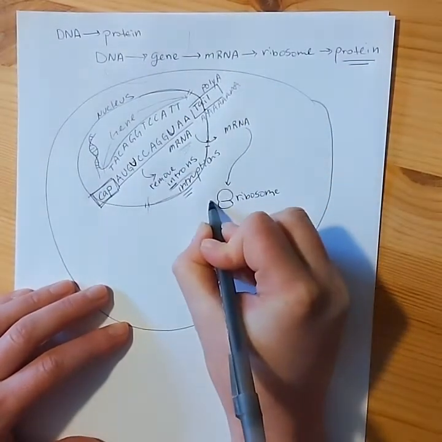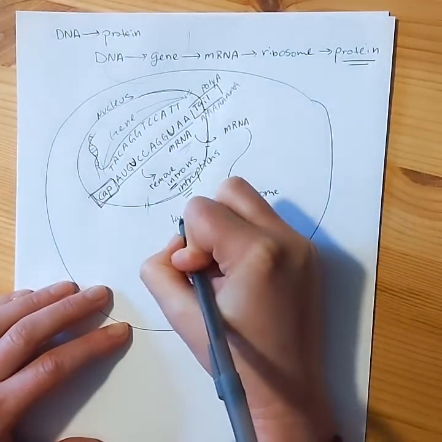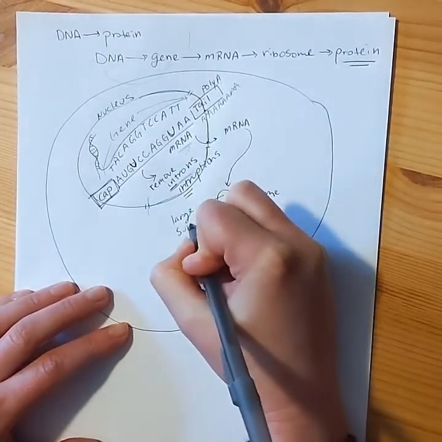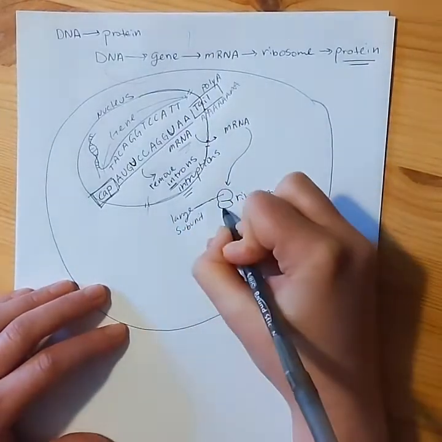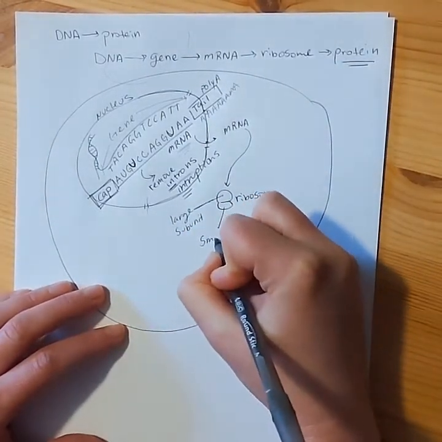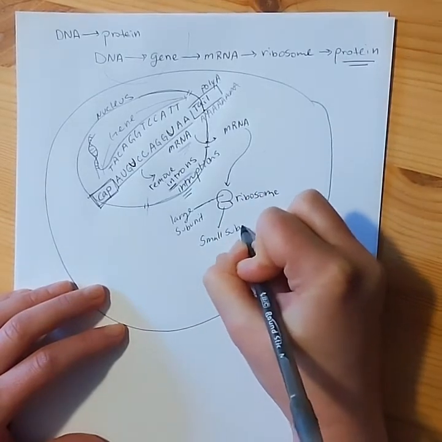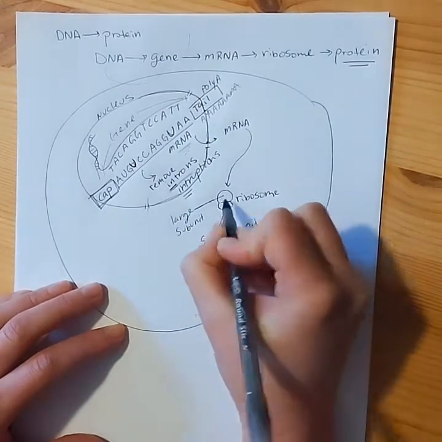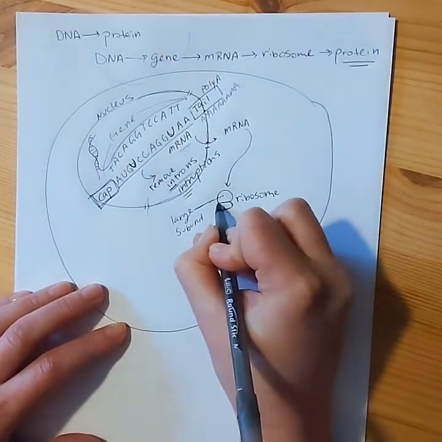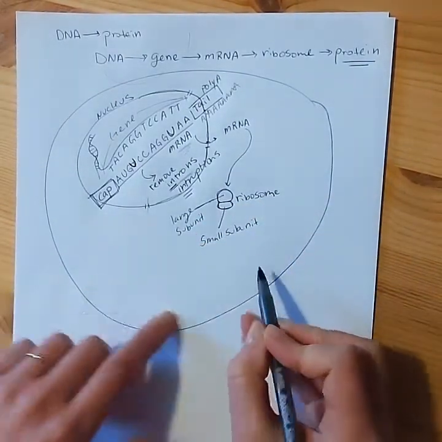It's got a large subunit, which is like the top, it's bigger, and then it has a small subunit, the smaller part on the bottom. I think it kind of looks like a short squat mushroom. So there's your short and squat mushroom.